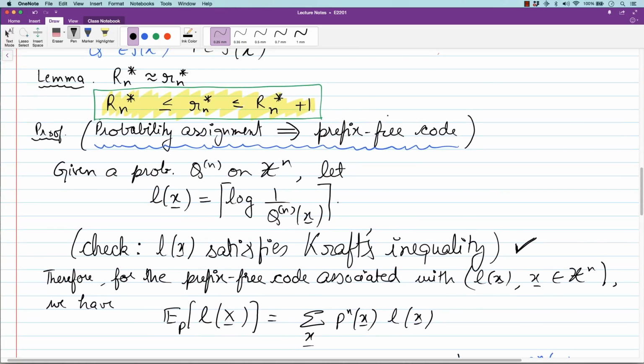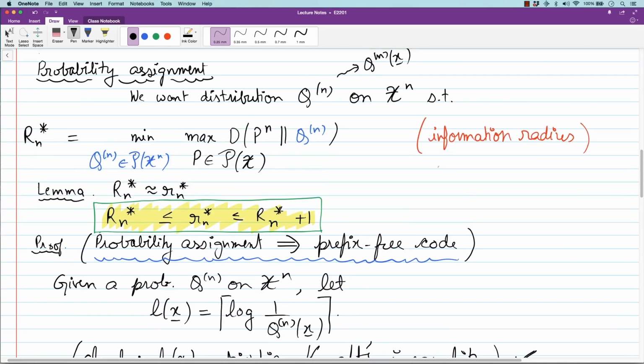So what we have shown is that the problem of finding min-max redundancy is the same as the probability assignment problem, where the goal is to find this Qn that minimizes the maximum distance. Just to recall this information radius interpretation, all these distributions Pn are some points in the probability simplex over Xn, and these are the independent distributions.